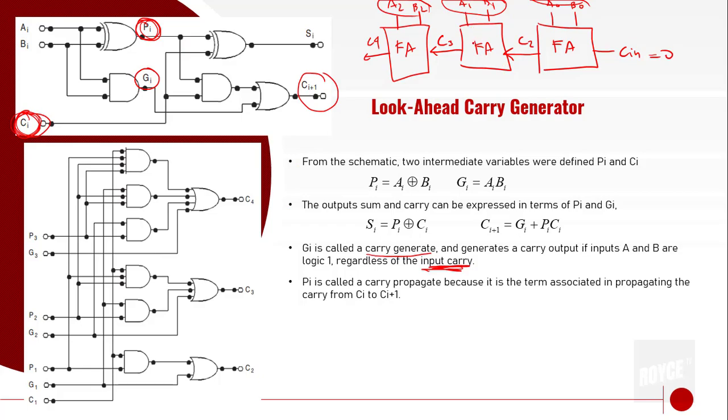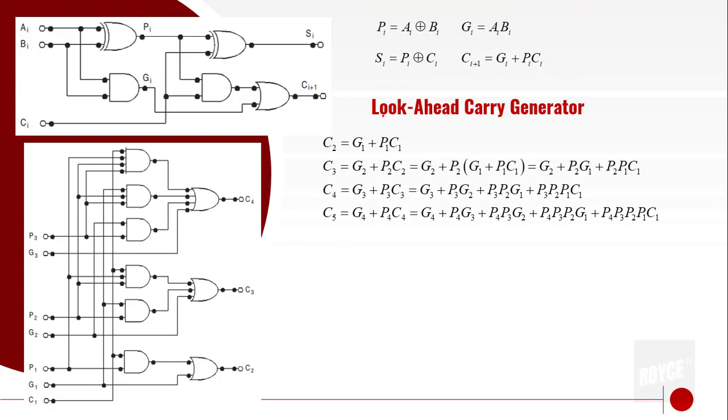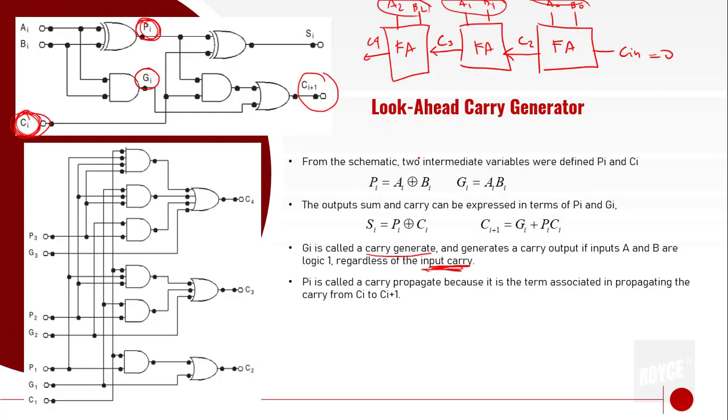Yung susunod na stage ng full adder, meron din yung look-ahead carry generator. So, bago pa lumabas yung carry input, meron na ulit yung carry output. Sa pangatlong full adder, ganun din. Bago pa ma-inputan ng C3, may C4 na yon. So, nare-reduce natin yung propagation delay.